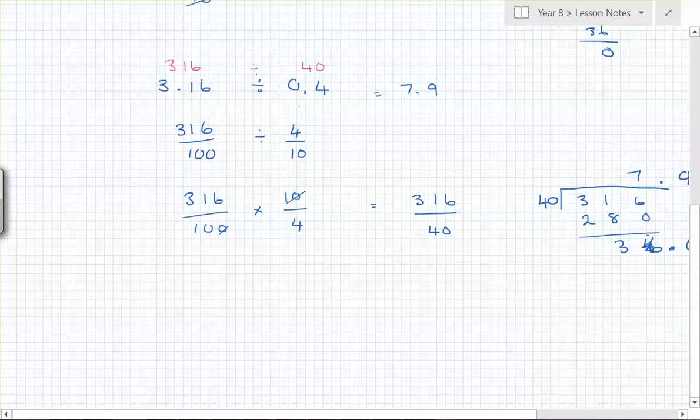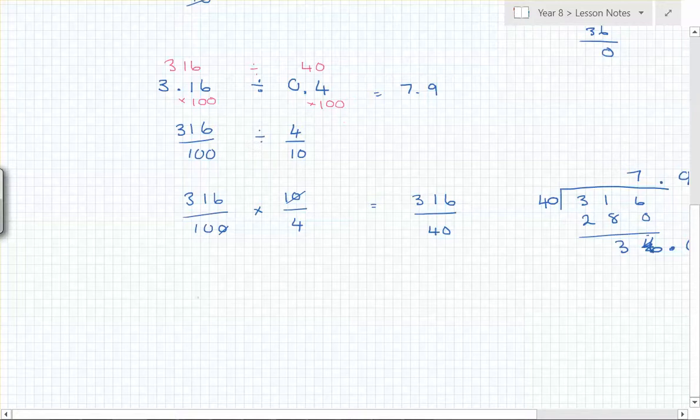The way to do a divide is as long as you multiply the numbers by the same amount, the sum does not change. So I multiply by 10, but that still leaves a decimal, so I want to multiply by 100, do that one by 100 as well. And then I can do it.